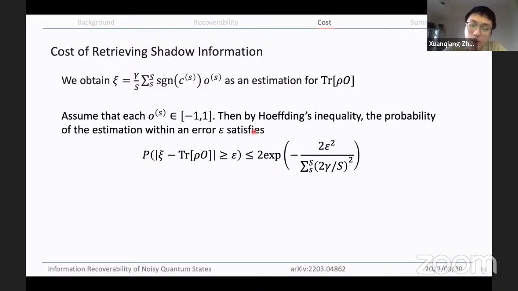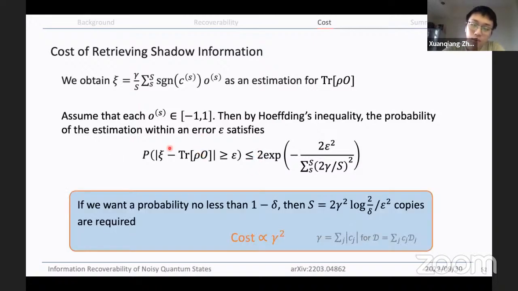And on the right-hand side, we have a bound on that probability. By some simple derivations, we will have this formula for the number of copies required if we want a certain accuracy of the estimation.